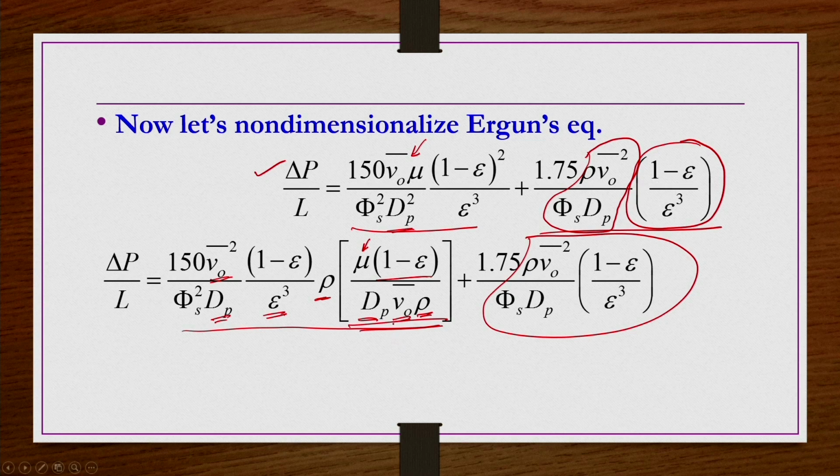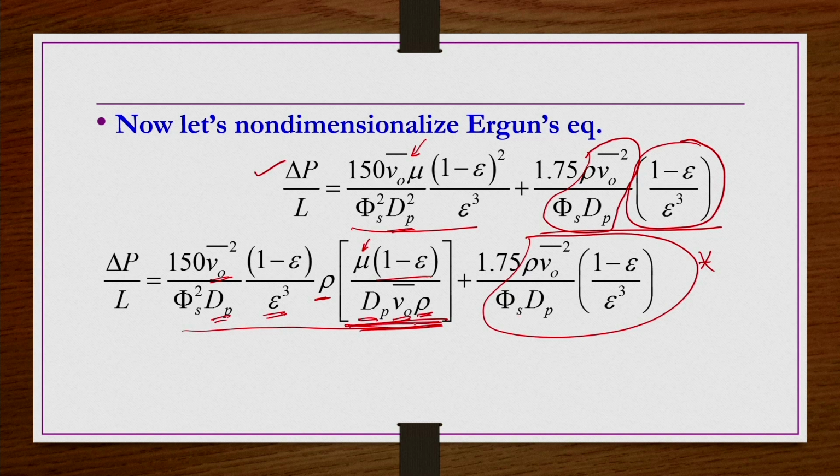So, now why are we doing these things? This particular term whatever is rounded here, this term will be taken common, okay. So, we have 150 multiplied by this term, and then if you multiply, that will be mu 1 minus epsilon by dP V naught bar rho plus 1.75. What is this term in this square parenthesis?